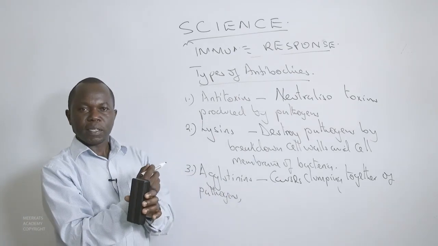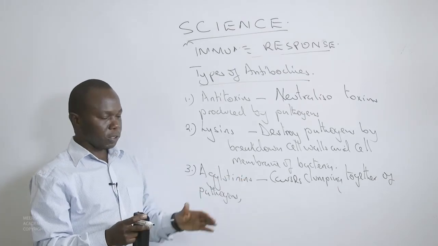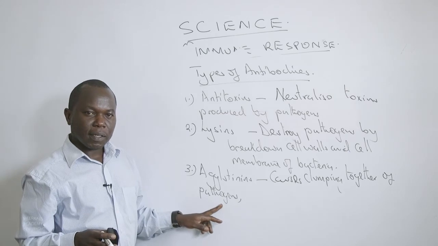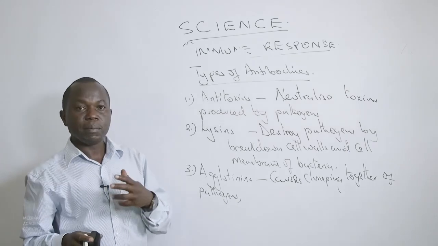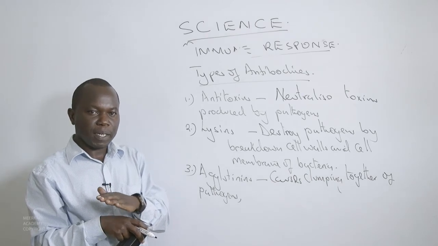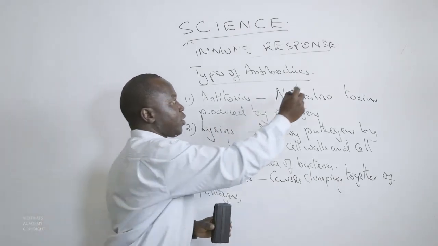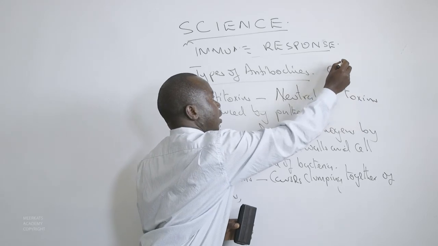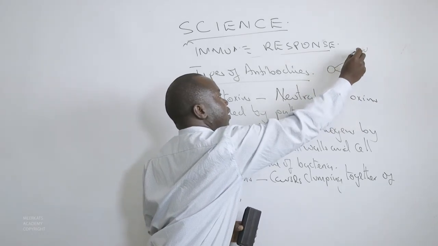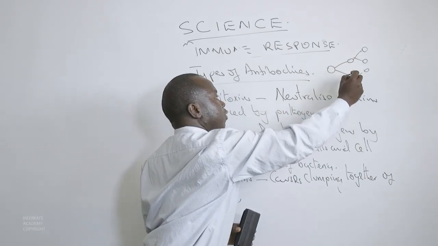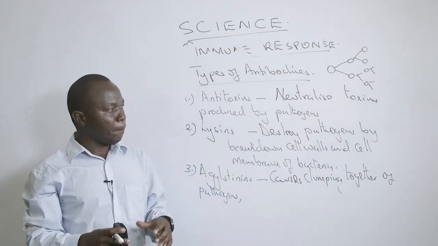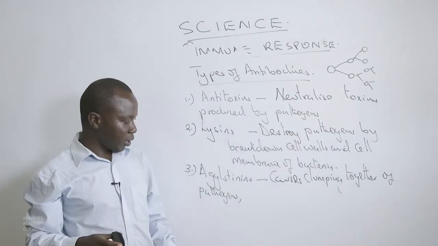So when they clump together, it's going to impair their reproduction. Remember, most of the pathogens that cause diseases are mainly bacteria, and bacteria reproduce through binary fission. One bacterial cell divides into two bacterial cells, and the procedure continues to make many bacterial cells.